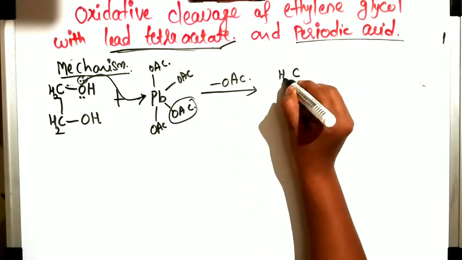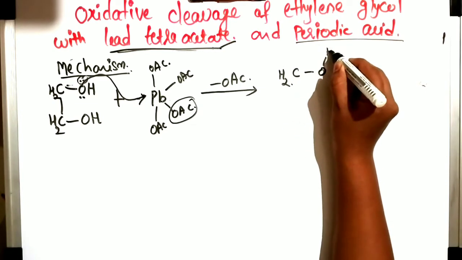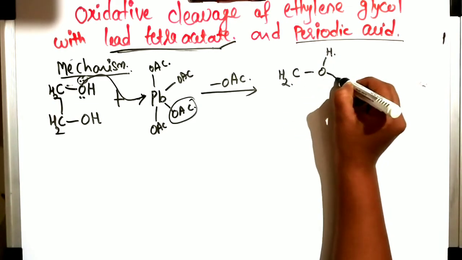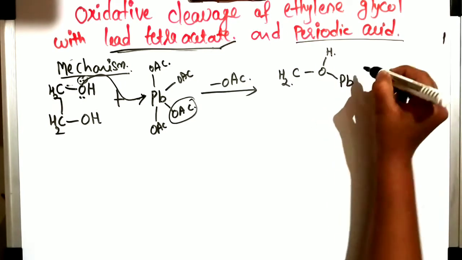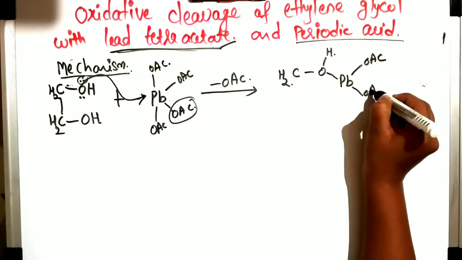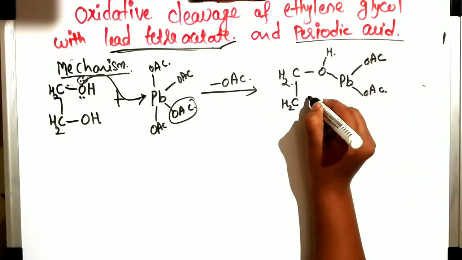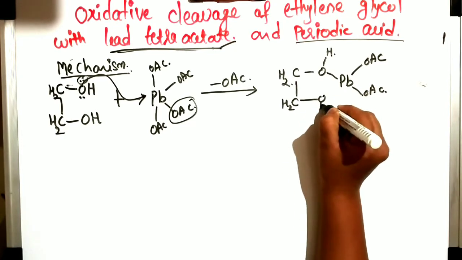So what do we get in the next step? CH2 as it is, OH, attached to the lead group, OAc, OAc, CH2 as it is, and OH.